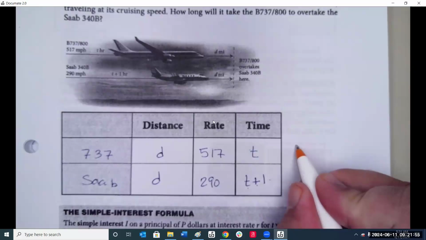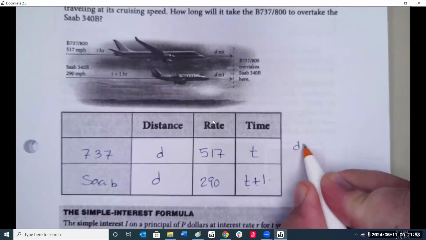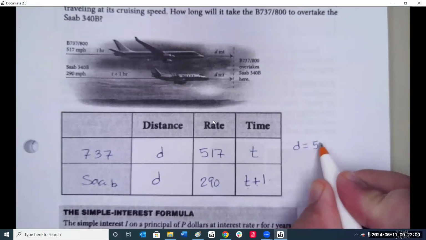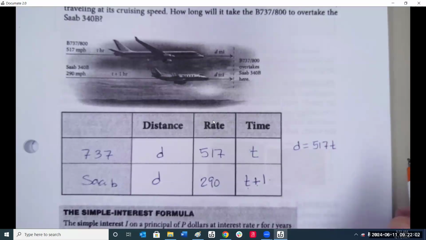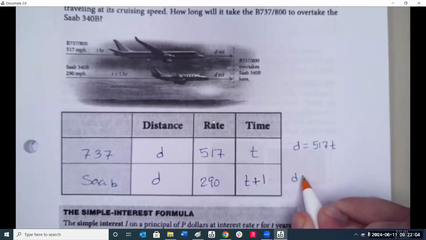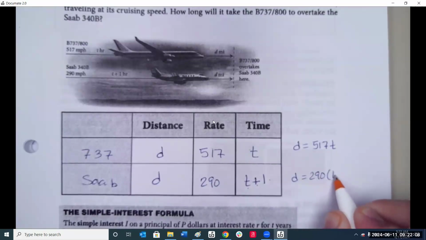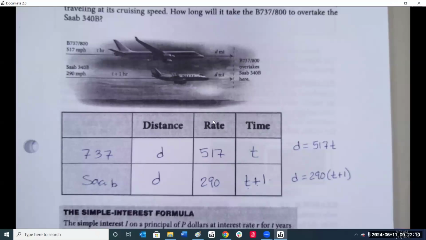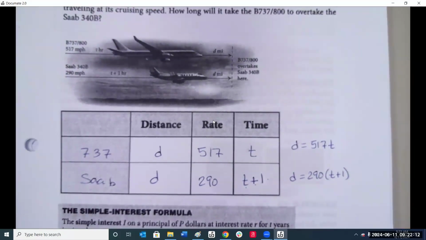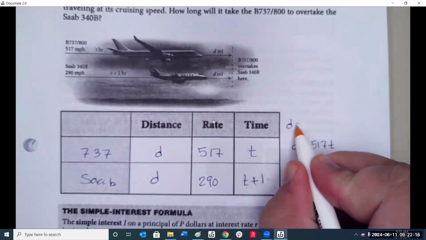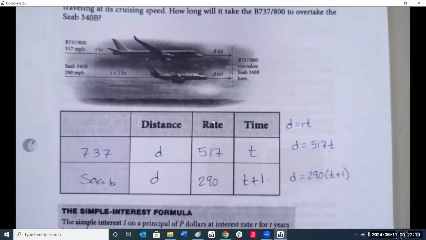So according to our formula, we have D equals 517T. And this one is D equals 290 times T plus 1. Because we're using the D equals RT formula.